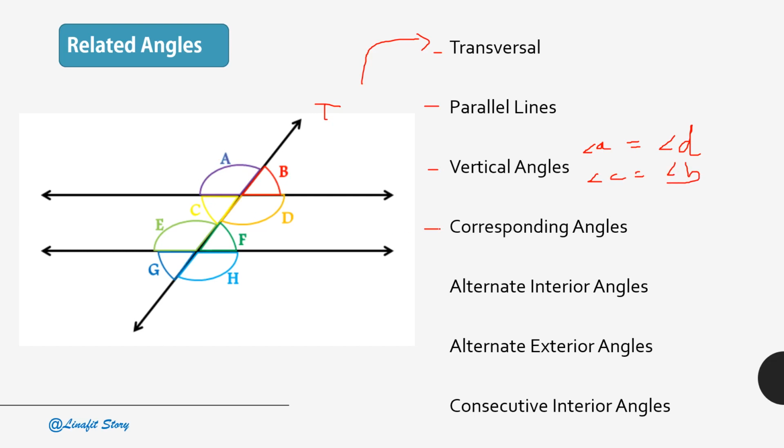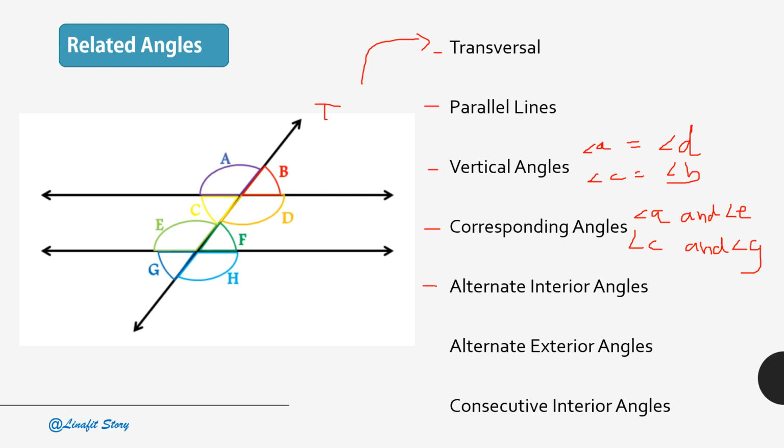Corresponding angles. Corresponding angles are angles which are formed in matching corners. For example, angle A and E, or angle C and G. Next, alternate interior angles.